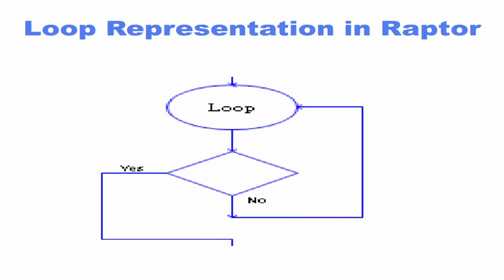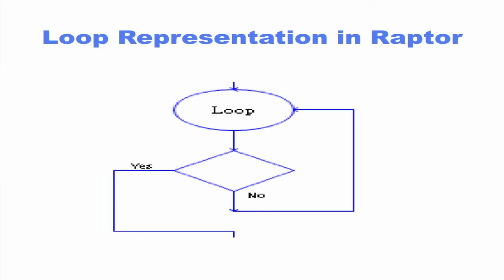Before continuing further, let me briefly introduce how to use loop symbol in Raptor. The loop symbol looks what you see on the screen. One ellipse and one decision symbol is used to represent a loop in Raptor.